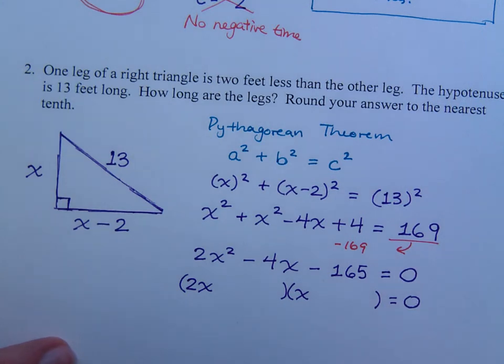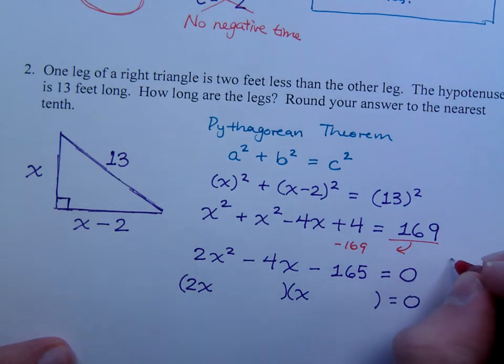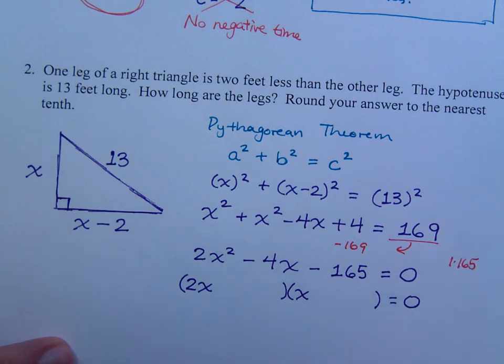Now, when I think about the factors for 165, let's see. So 165 can be 1 and 165.